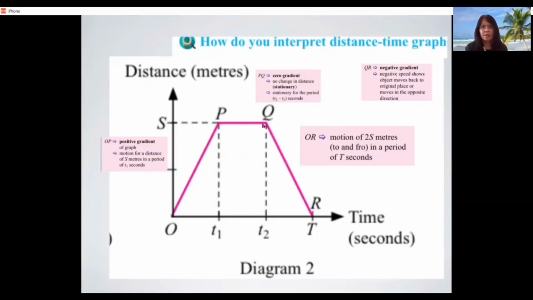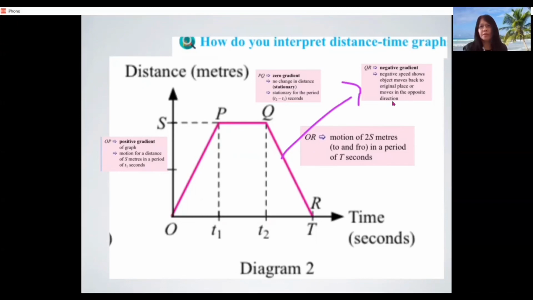We call it stationary, for the period T2 minus T1. For Q to R, there is a negative gradient. Negative speed shows that the object moves back to the original place, or moves in the opposite direction.